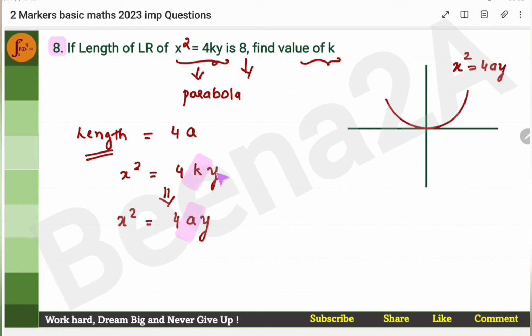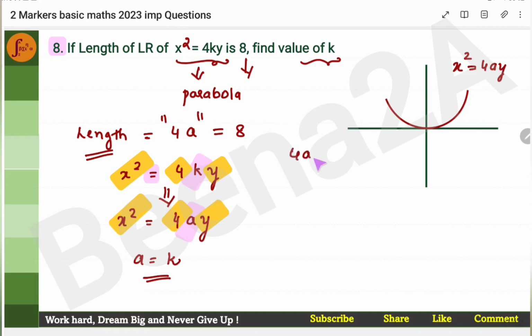If you notice this equation and this equation, you can infer that a is equal to k, because x square and x square are same, 4 and 4 are same, y and y are same, which means a is equal to k. Now, they have told the length of the latus rectum is 8, and it is given by 4 times a.